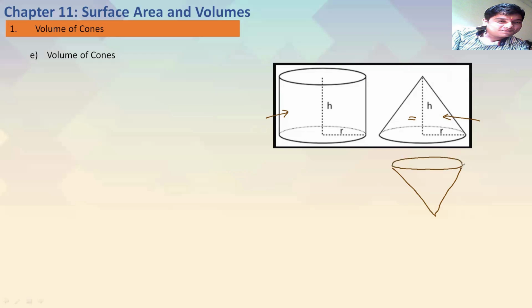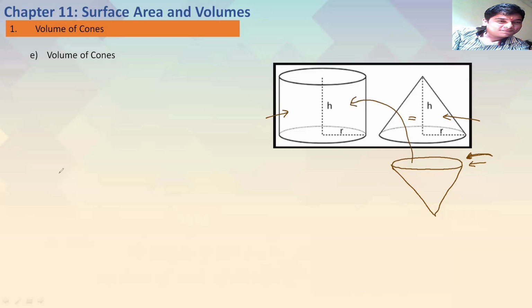Now, you would notice, this is very interesting. Try to understand what I'm trying to say. If you fill this with some liquid, let's say milk or water, fill it to the rim and then put it in this container.